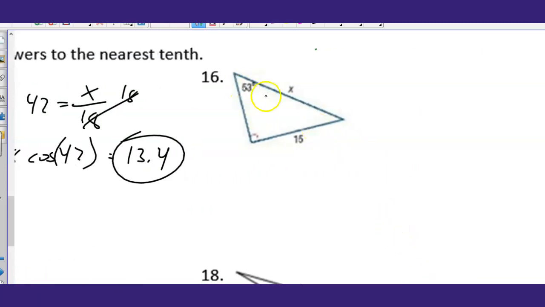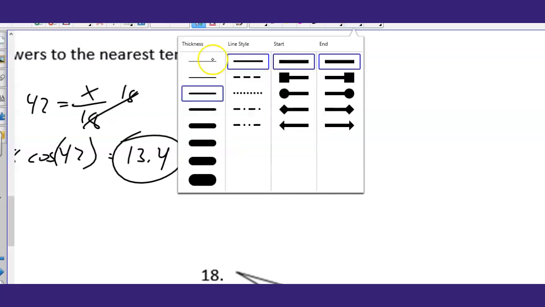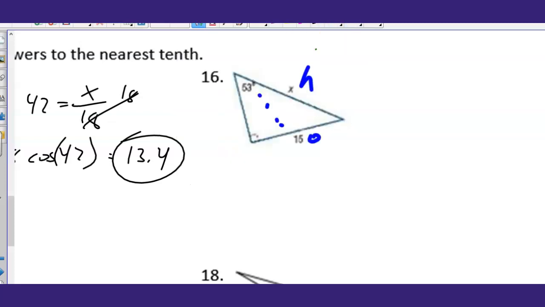Over here, we've got to find x. We have this angle here. This is opposite over hypotenuse, which is going to be the sine function. So we have sine of 53 equal to opposite over hypotenuse. The hypotenuse is what we're looking for.